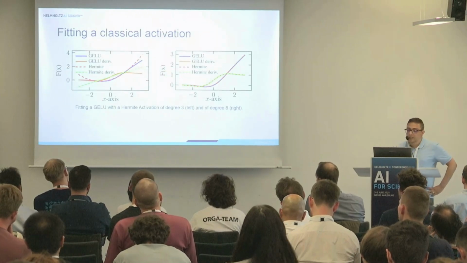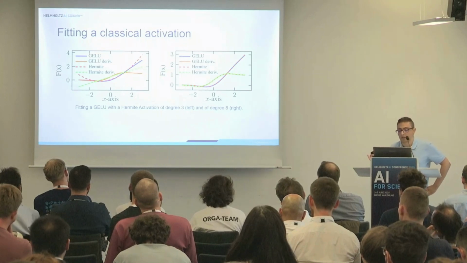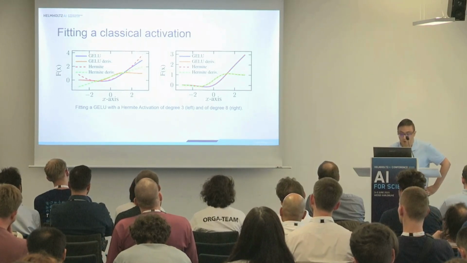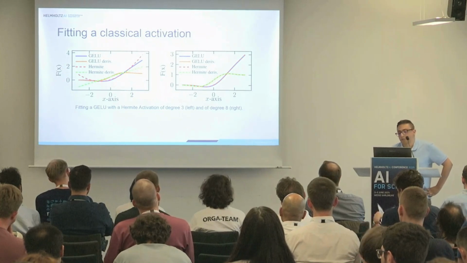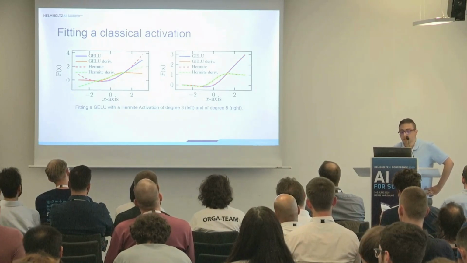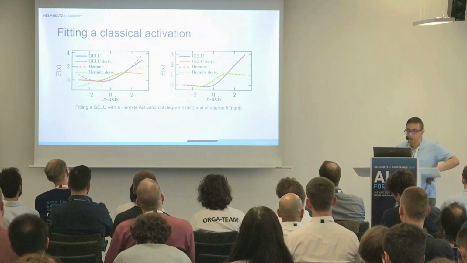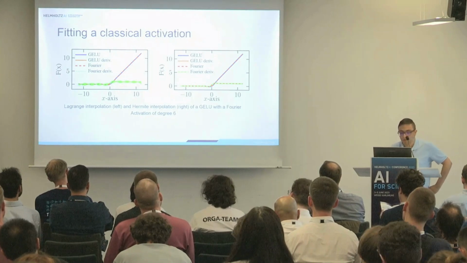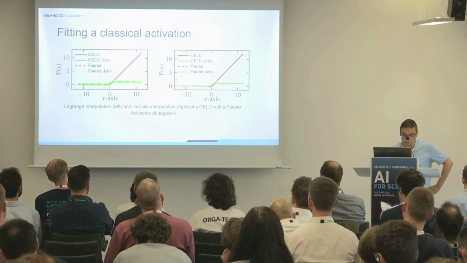So you could fit a classical activation with those activations. It's really easy. It's classical approximation theory. And you should pay attention to the degree, so you should have enough degree to do it on the interval you want. And sometimes, for example for Fourier, there is this aliasing effect that might occur.